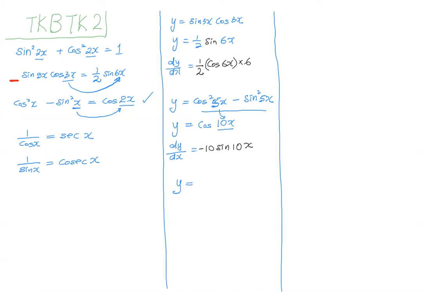So if I give you y equal to cosec x, and I want you to find dy dx, first step, I have to change it to, I know that cosec is 1 over sin. Clear? Then I have to write it into this form.